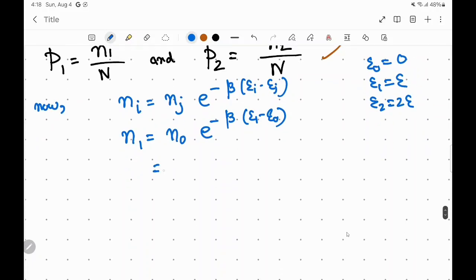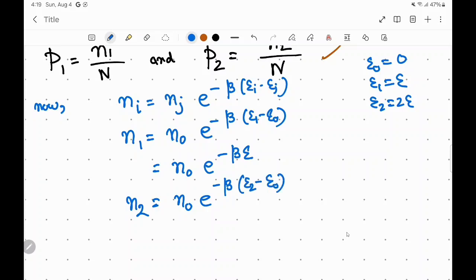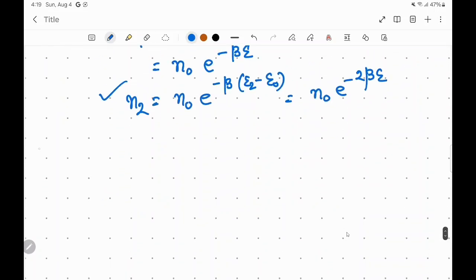So if you write it, then it will be n0 e to the power minus beta epsilon. Similarly for n2, it will be n0 e to the power minus beta (epsilon 2 minus epsilon 0), so it will be n0 into e to the power minus 2 beta epsilon. So now we have n1, we have n2, just put it.